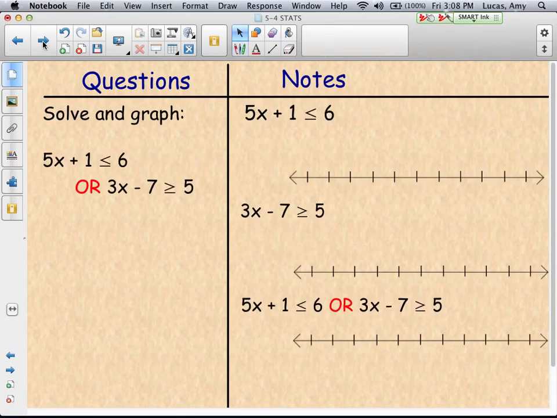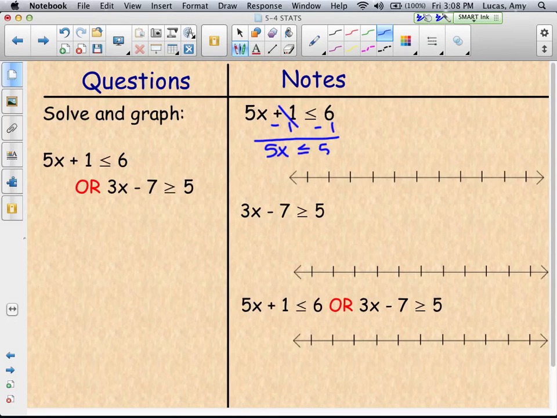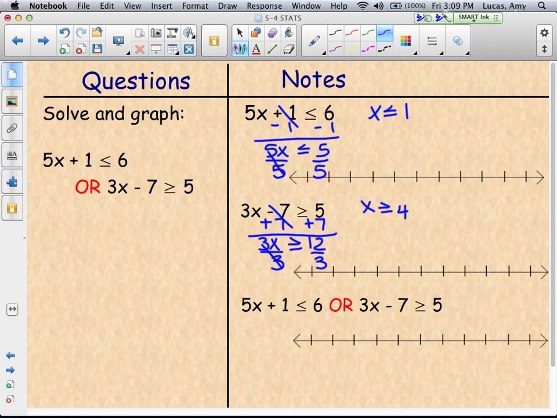The next one. I solve and get x is less than or equal to 1. And I solve and get x is greater than or equal to 4.